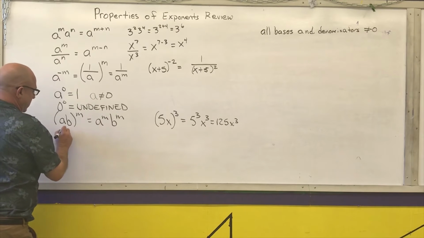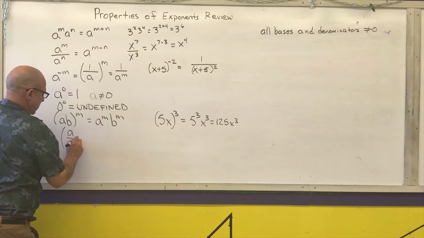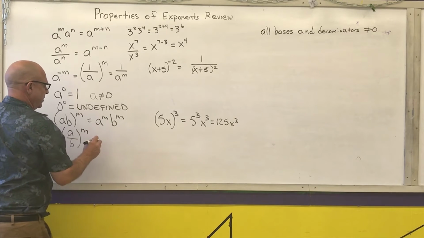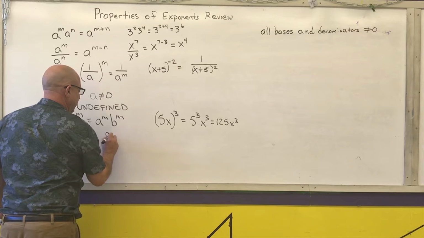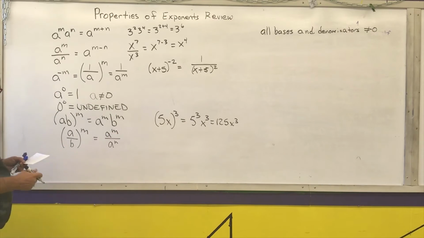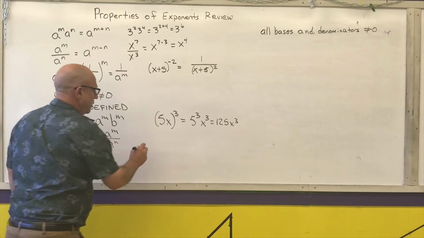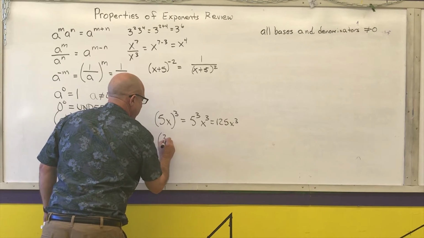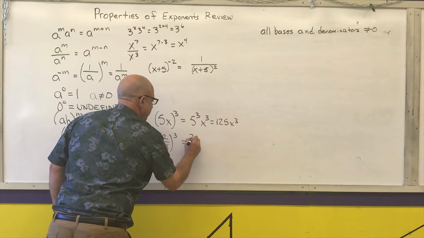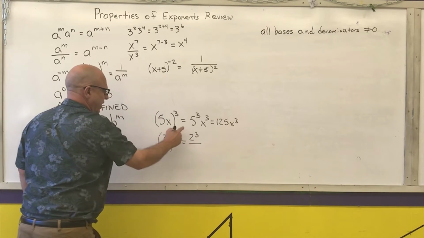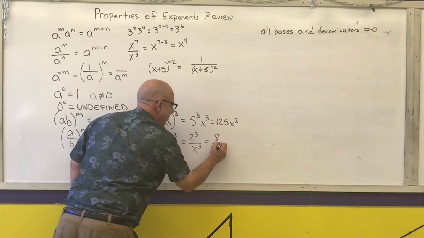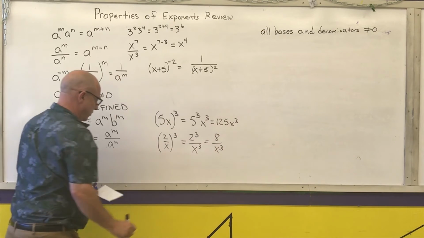Similarly, I have a quotient raised to a power. I take the power of each term of the quotient. Example here, 2 over x cubed is equal to 2 cubed over x cubed, which is 8 over x cubed.